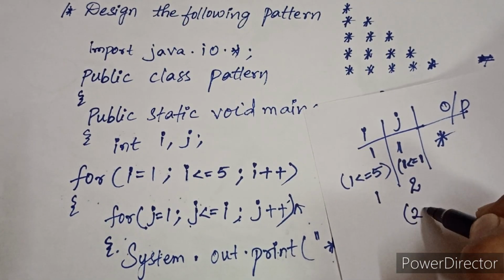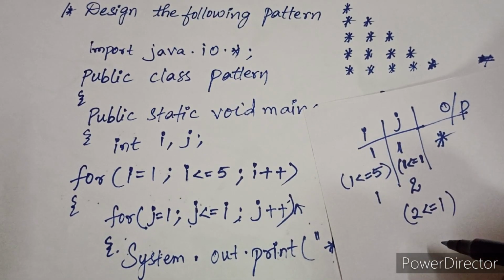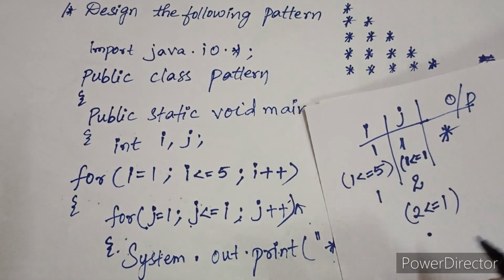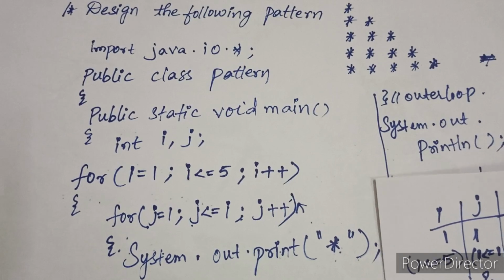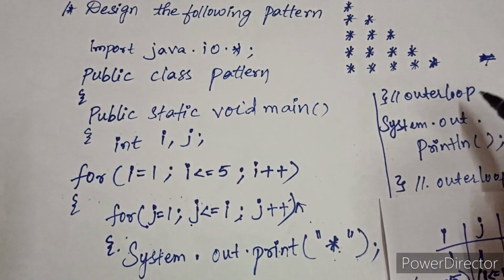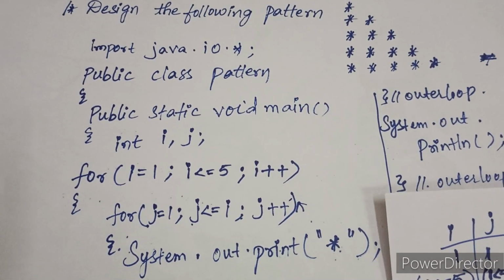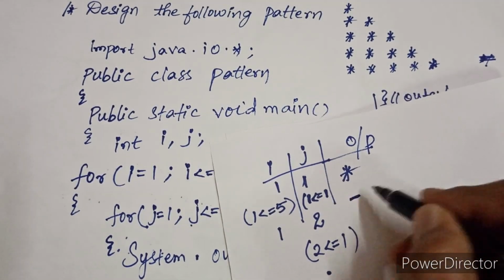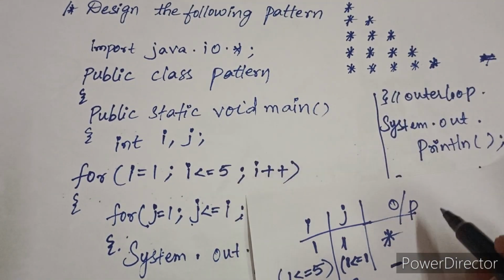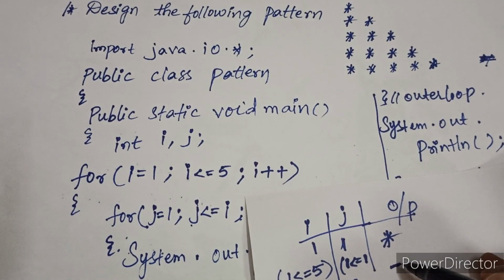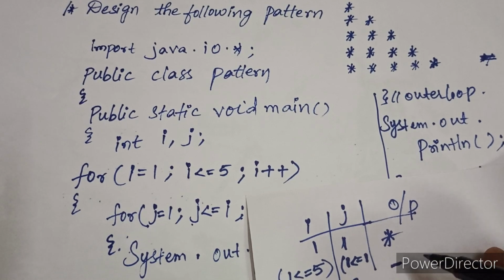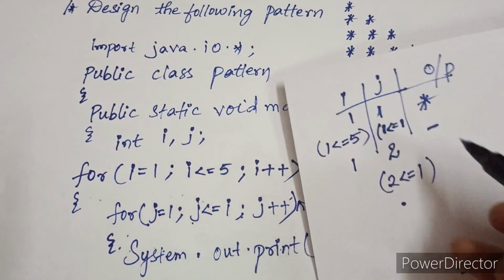Then I am checking the condition. 2 is less than or equal to 1. The condition is false. The moment the condition is false, it will come out of your inner loop. Then it will execute System.out.println, which means the cursor will come to the next line. ln means new line. Now it will start displaying the output on the next line. Then it will go to i++.